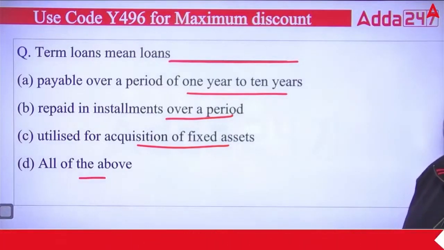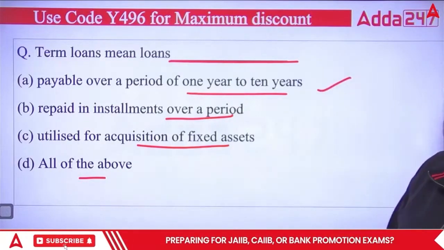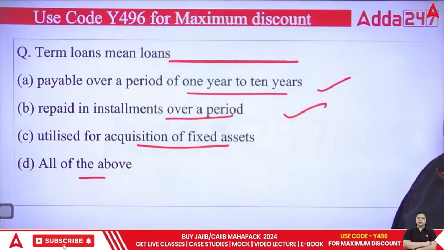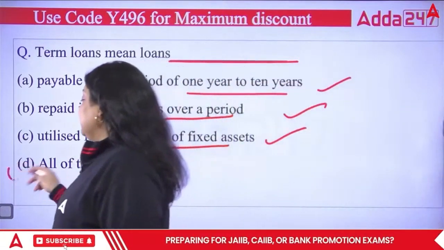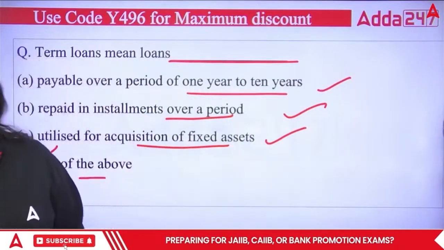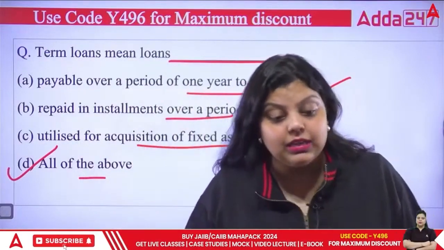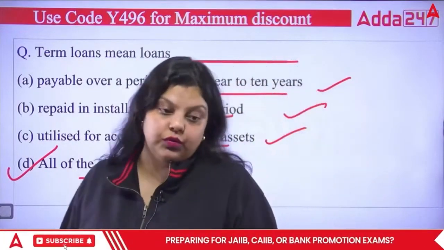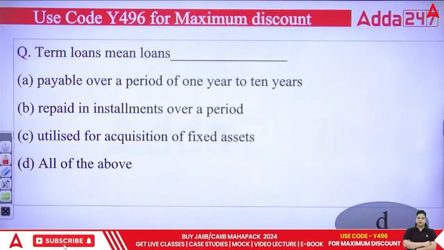Is it payable over a period of 1 year to 10 years? This is true. Is it repaid in installments over a period? This is true. Utilized for acquisition of fixed assets? This is true. Now, what are the fixed assets of a company? Simply those assets which belong to the company and are fixed, like property, plant, machinery and equipment. So the right answer will be option D.